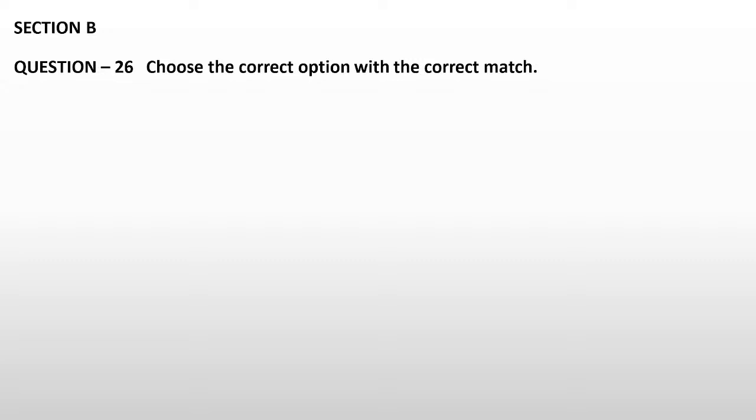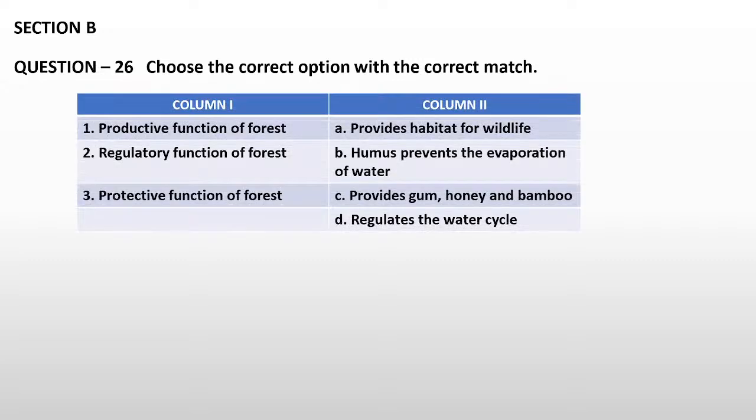Choose the correct option with the correct match. You have column 1 and column 2. In column 1, you have first productive function of the forest, second regulatory function of the forest, third protective function of the forest. And in column 2, you have A, provides habitat for wildlife, B, humus prevents the evaporation of water, C, provides gum, honey and bamboo, D, regulates the water cycle.